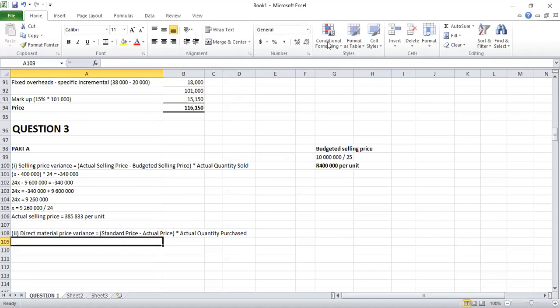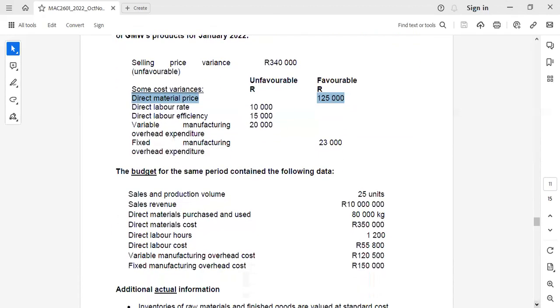Here the variance given is 125,000 favorable. Direct material purchased was 80,000 kgs and the cost was 350,000. So we can find the standard price.